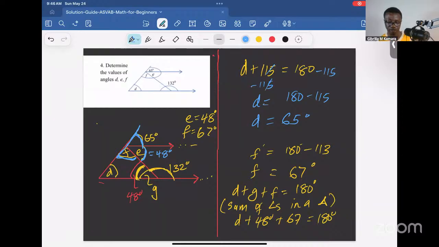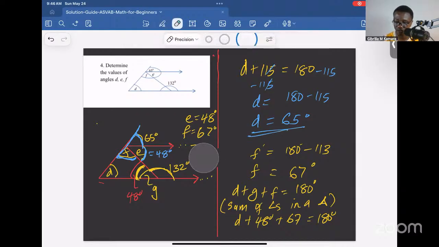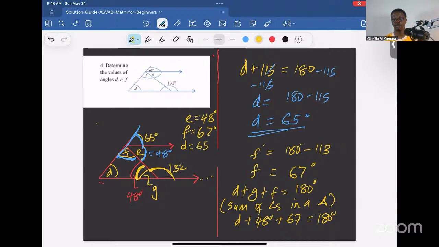All right. So hence your answers, your D is 65 degrees. Your E is 48. Your F is 67 degrees.